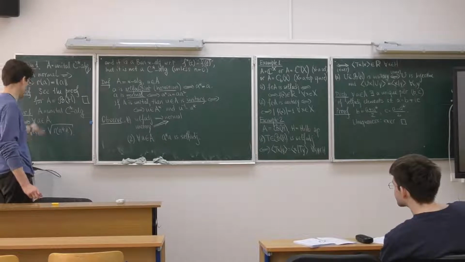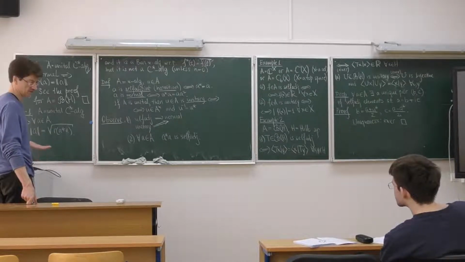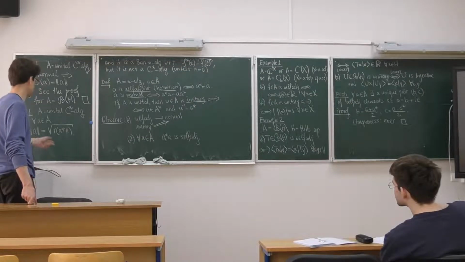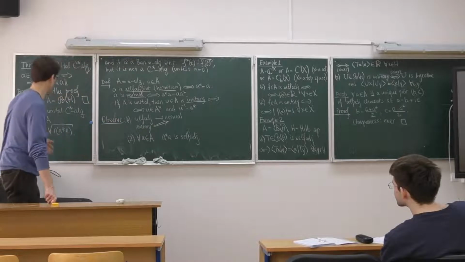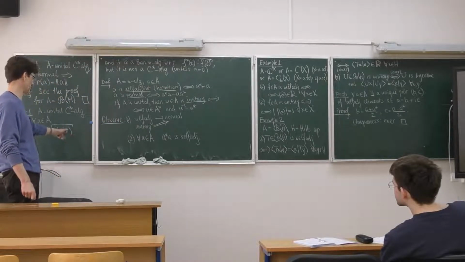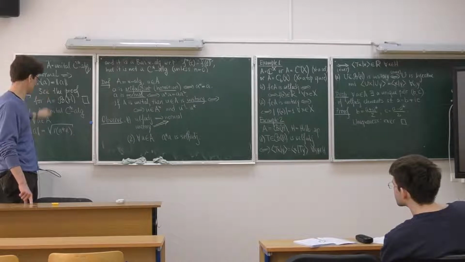Indeed, the norm of a is the square root of the norm of a star a. This is just the C-star axiom. But a star a is self-adjoint. In particular, it is normal. So the norm of this element, a star a, is equal to the spectral radius by theorem 1. And we get this result.